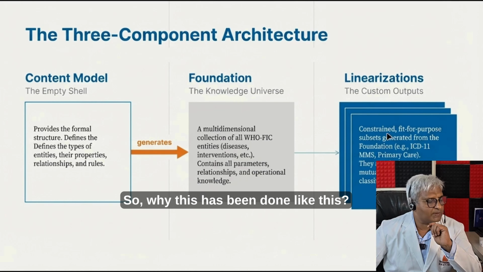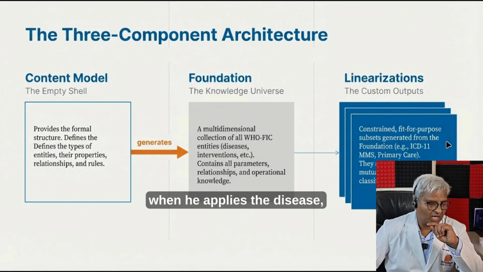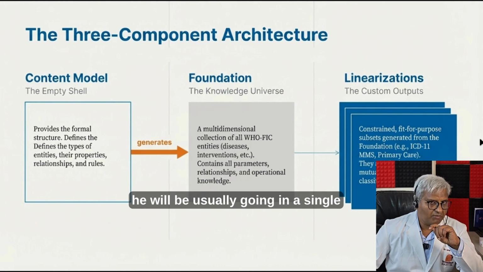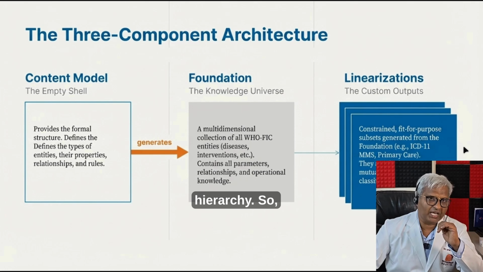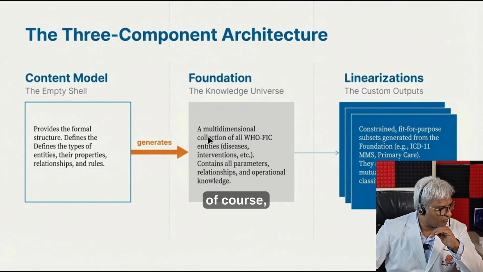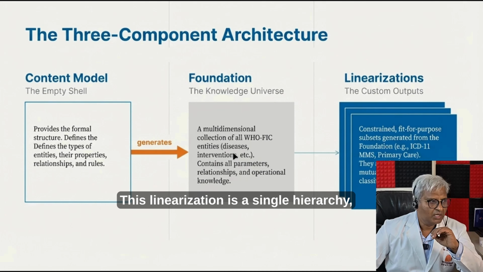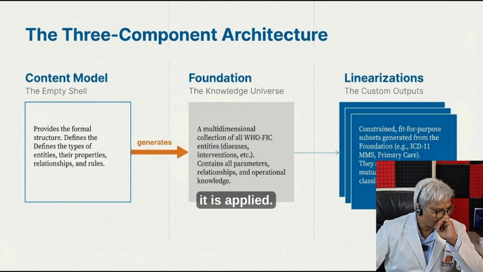So why has this been done like this? For the clinician, when he applies the disease, he will usually be going in a single hierarchy. That's the reason linearization is a single hierarchy, which is derived from the single source of truth, that is the foundation.